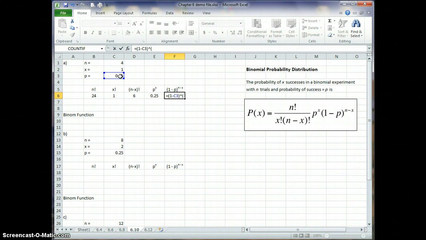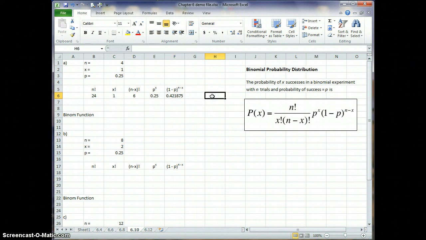So again, n minus x. Hit enter. So that gives us 0.421875.